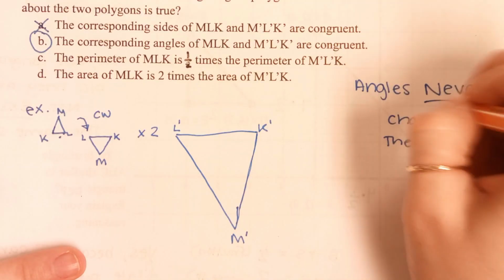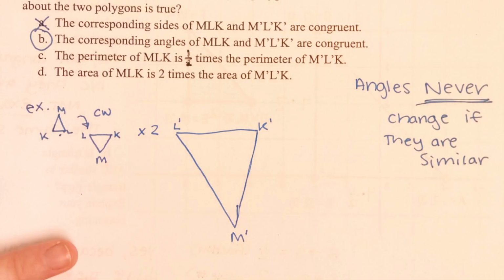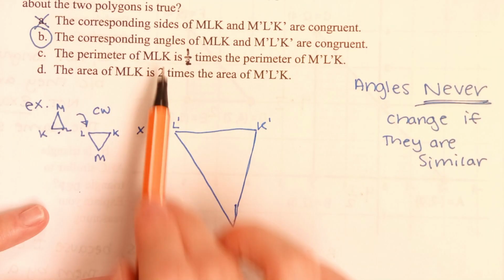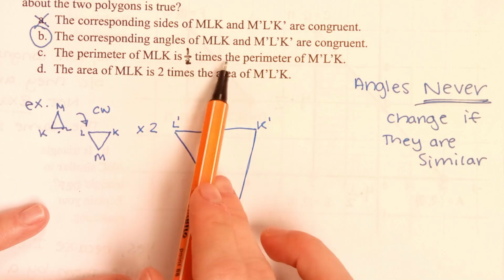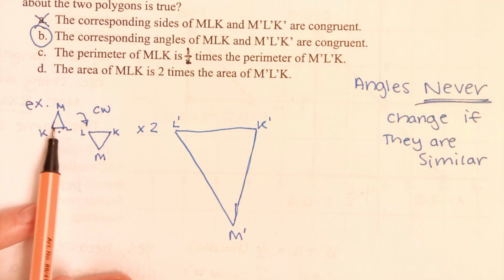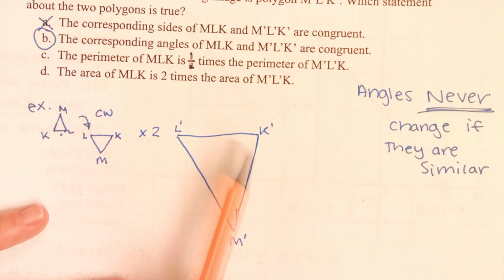The perimeter of MLK here is 1/2 times the perimeter of MLK prime. Is the perimeter here 1/2 times the perimeter of MLK prime? No, because it would have to be flipped. It would have to be the other way around for this to be true.